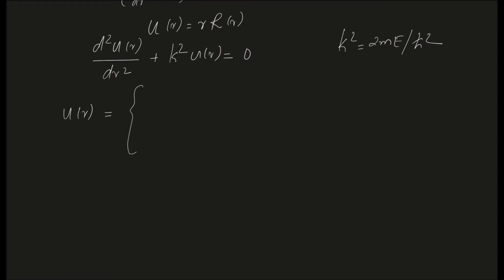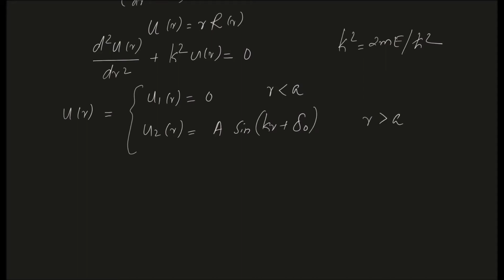We can consider two cases. We can take u1(r) equal to 0 for r less than a, and for r greater than a we can write it as u2(r), which will be A sin(kr + δ0) for r greater than a.